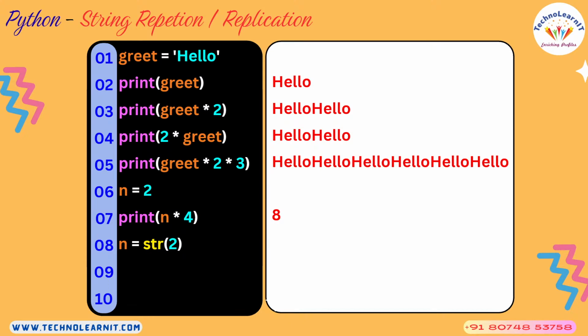So now the data type of n on line number 8 would become class string. Now you can apply repetition operator on a string. N times 4 results into 2, 2, 2, 2. All right, because here n is a string and that string is repeated for 4 times. Hence you get 2 repeated for 4 times, which is another string.